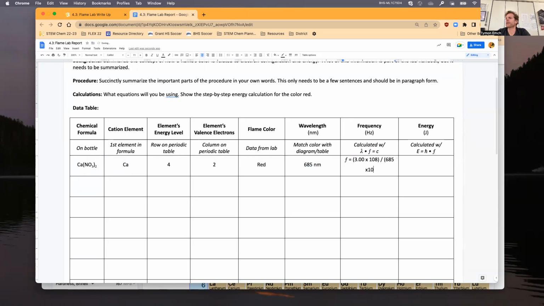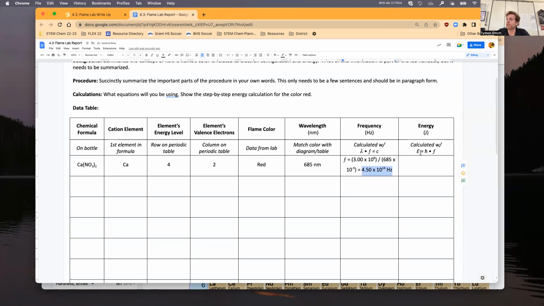But I'm going to tack on times 10 to the negative 9th, which turns it into meters. Now I'm going to go back and turn the exponents to be correct. So it looks like this. I'm showing my work. And when I do that, I'm going to get some value. I'm making this up right now, so I would not copy this. 4.50 times 10 to the 14th. And we are talking about hertz. That gives us the frequency.